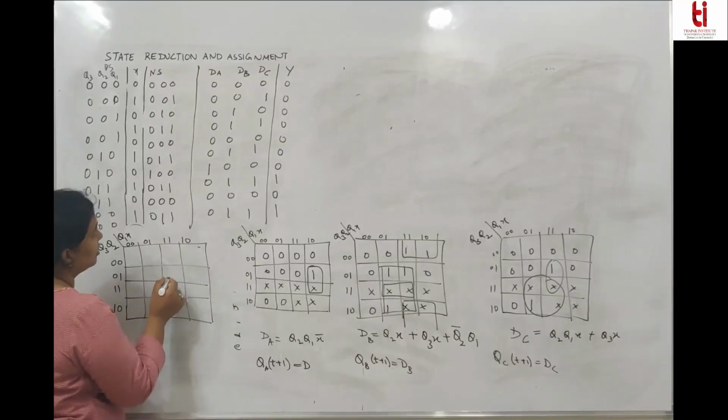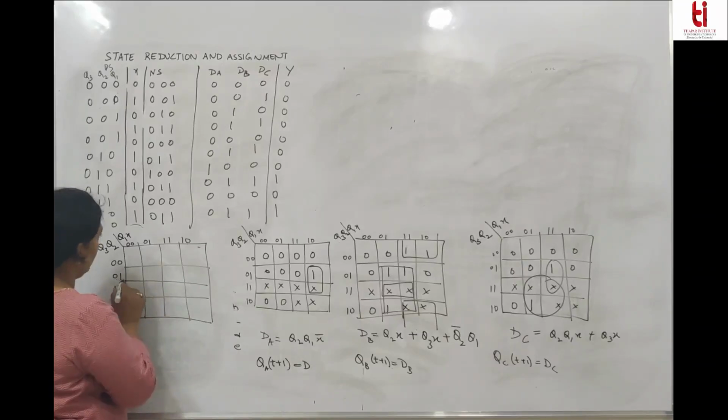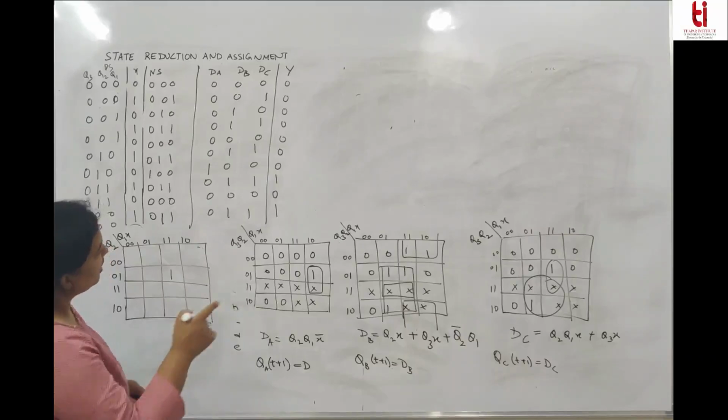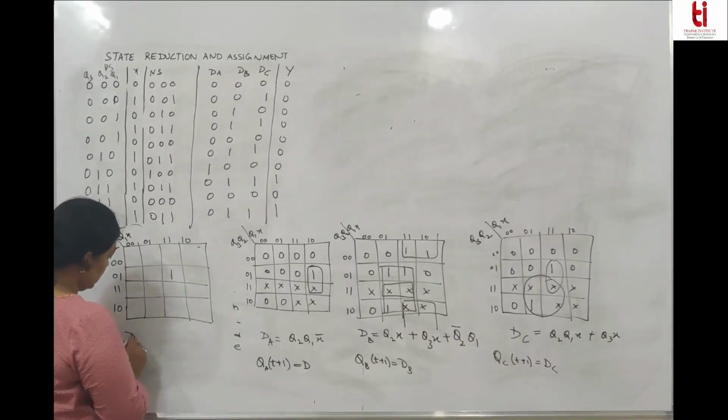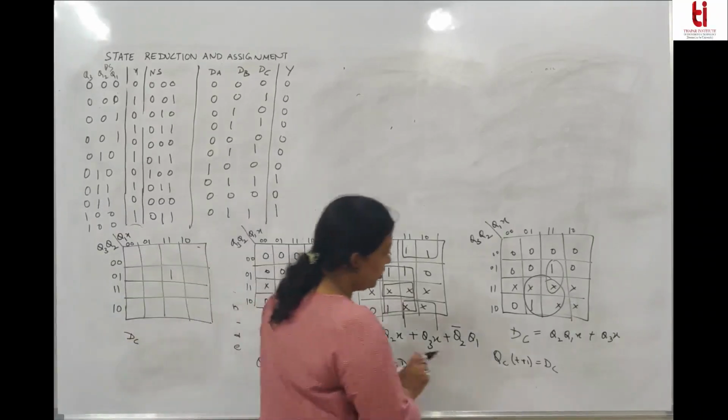So for this 0, 1, 1, 1, 0, 1, 1, 1, it is 1. I think that is output Y. For DC, this is DC. This is not output, this is Y.